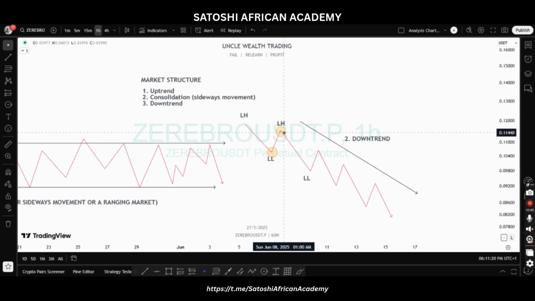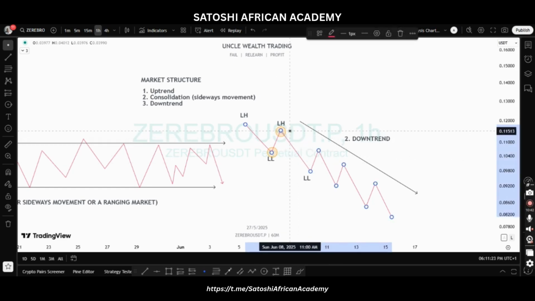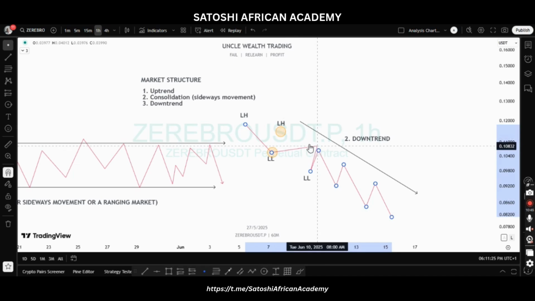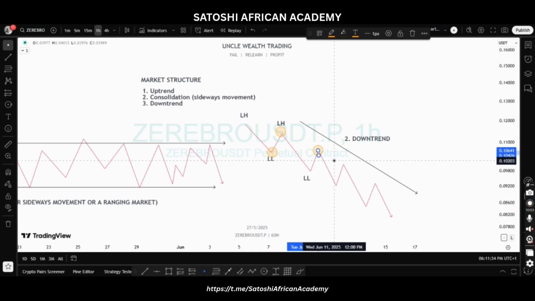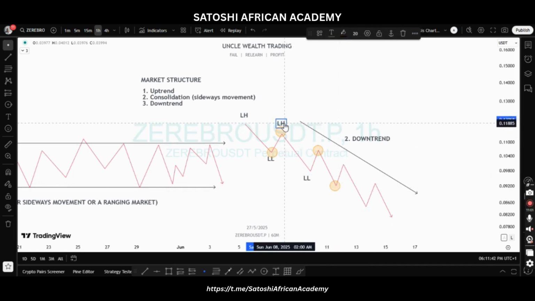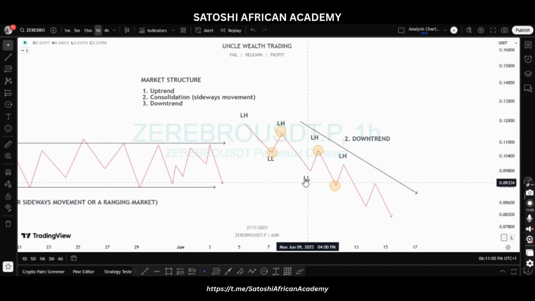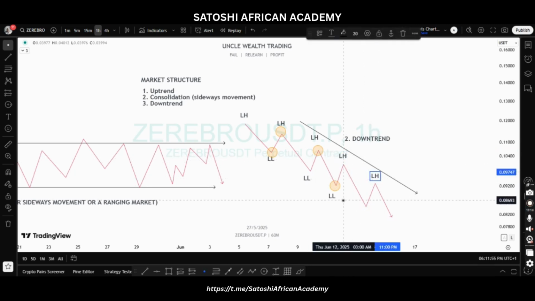The same goes here. Lower high, lower low, lower high, lower low, lower high, lower low.